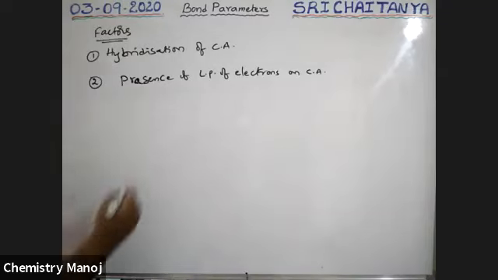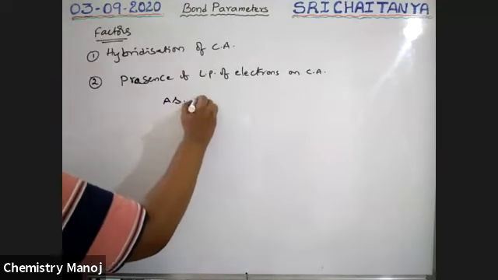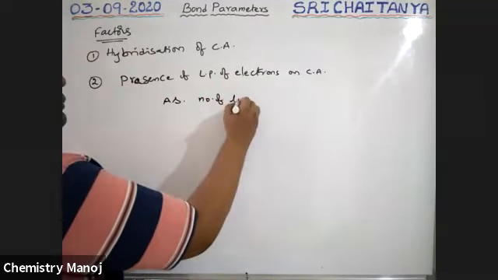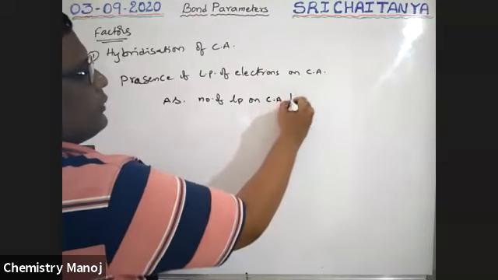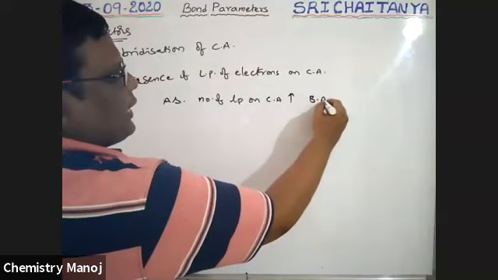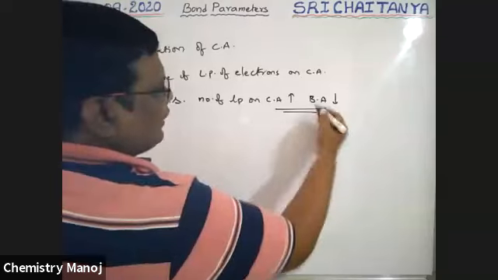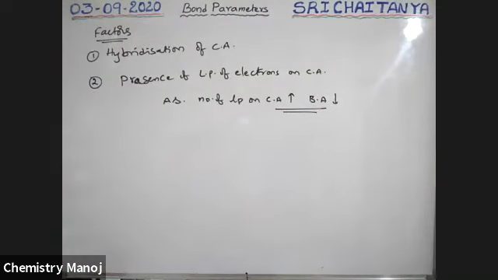See boys, as the number of lone pairs on the central atom increases, bond angle decreases. Very, very important. As the number of lone pairs on the central atom increases, bond angle decreases.